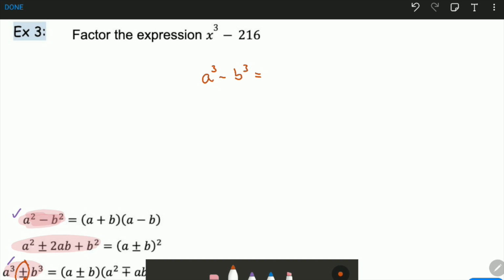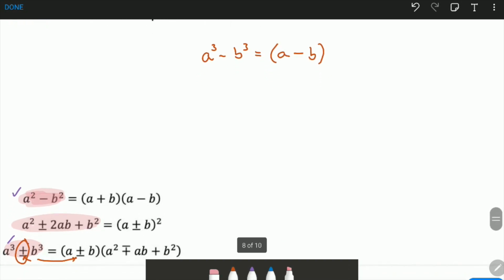Then on the other side, the factors would be a, keep the same sign because the plus minus sign stays the same, so we keep our minus sign, b. And then in the second set of parentheses, you'll see that's a squared. But you'll notice that the plus minus sign changes to a minus plus sign.